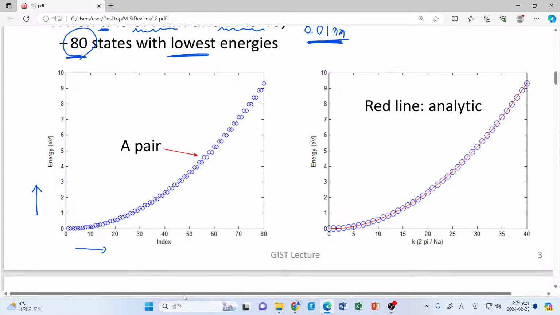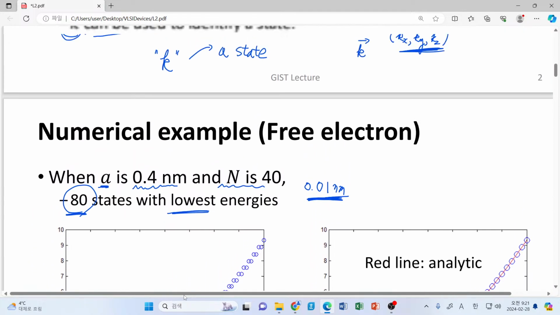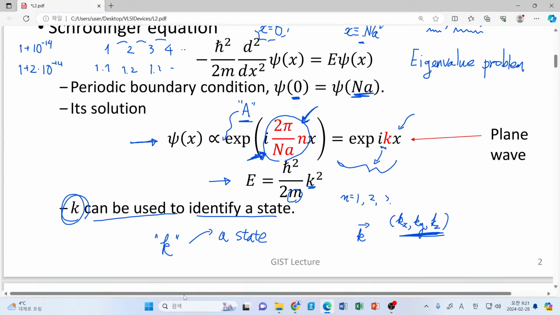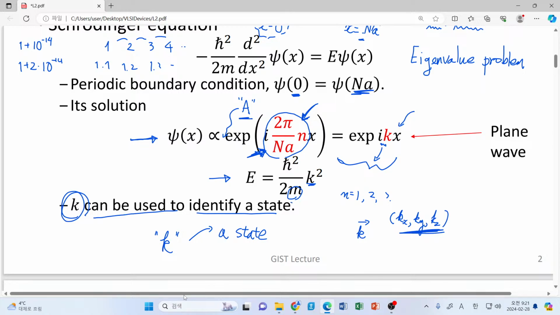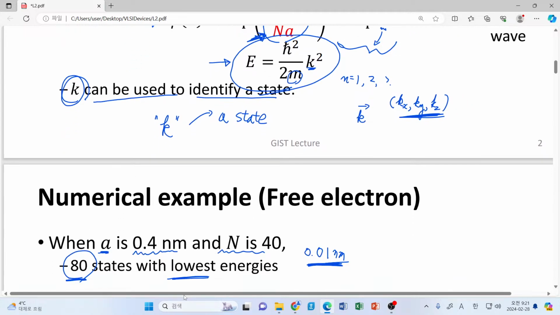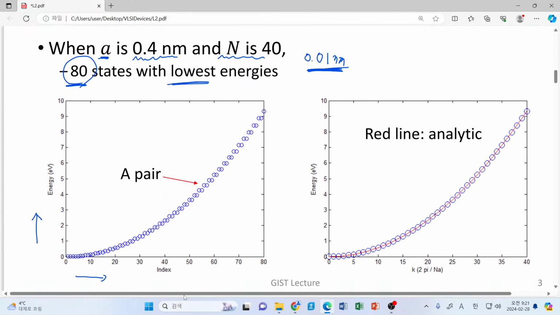What you can see is it follows a parabolic graph. Looks like a parabola. Good. It corresponds to our energy versus index relation. Okay, good. But please have a look at this graph more closely.